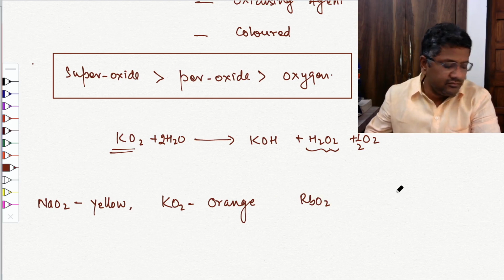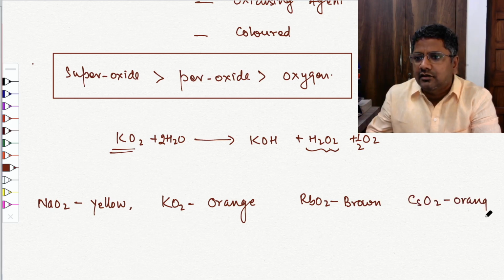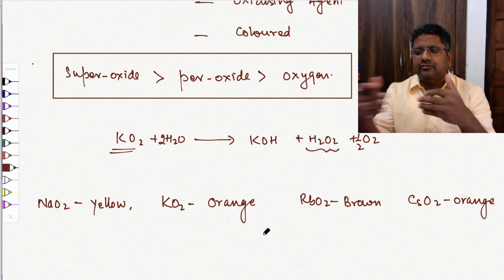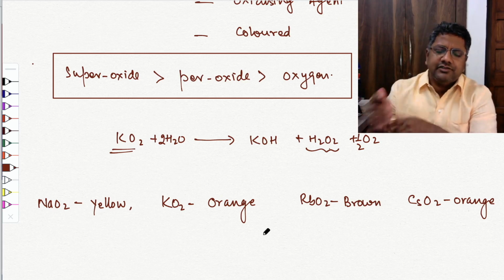RbO2 is brown, and CsO2 is again orange. So you can say that superoxides have colors ranging from yellow to orange to brown, right?